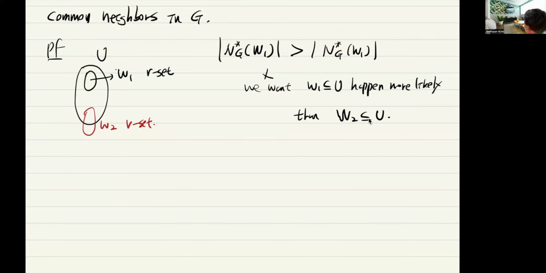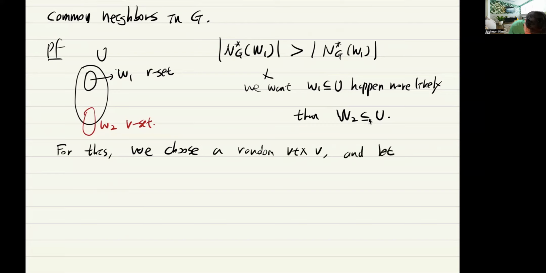And how can we do this? For this, one thing we can do is that we choose a random vertex b and let U be the neighborhood of b. Then what happens? What's the probability?